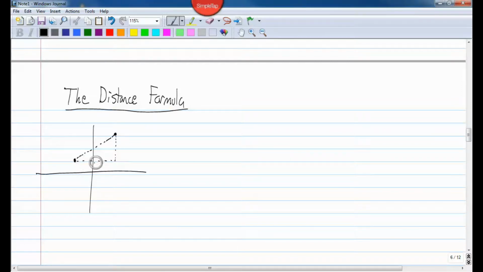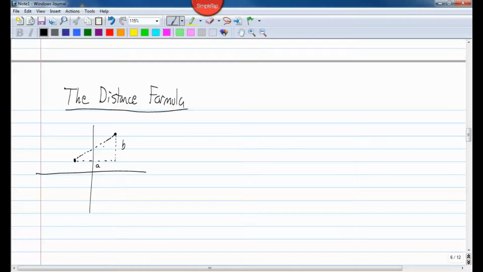And so if we find the distance from this point over to the left, or look at the run, and find that number, I'm just going to call that side A, and then you look at the rise, that distance, and call that side B.